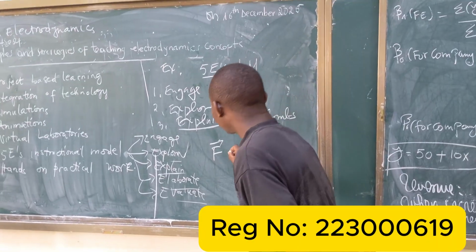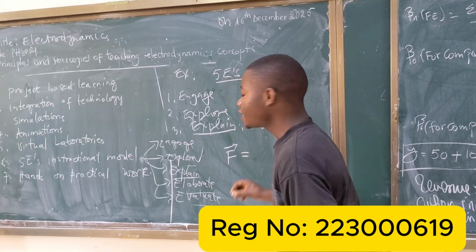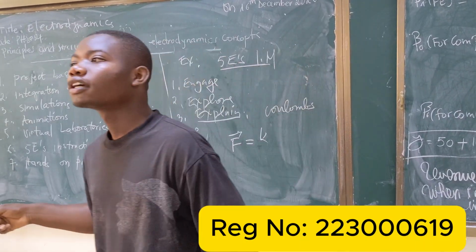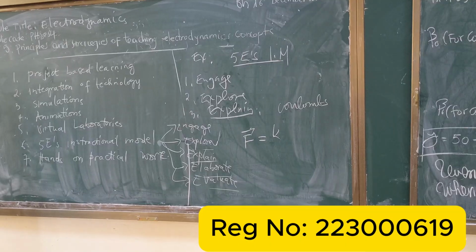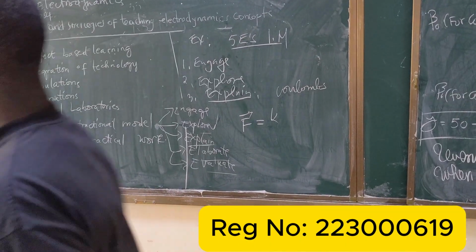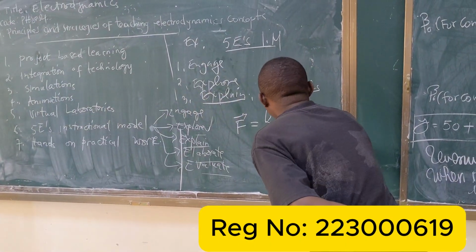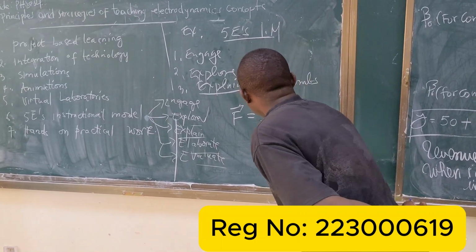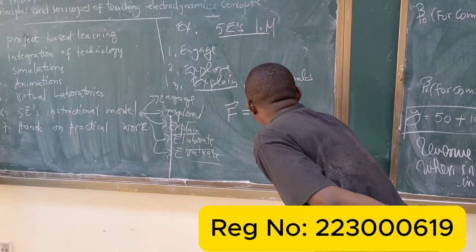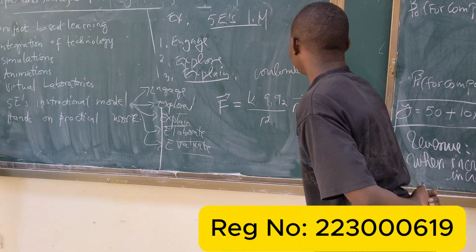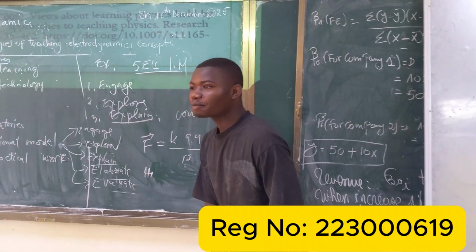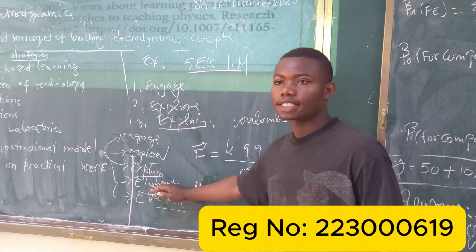The electrical force is equal to Coulomb's constant times the charges, over r squared. Phase number 4 is the elaborate phase.